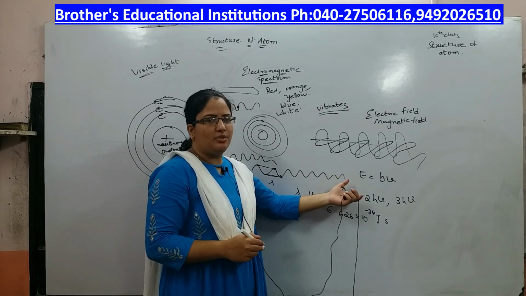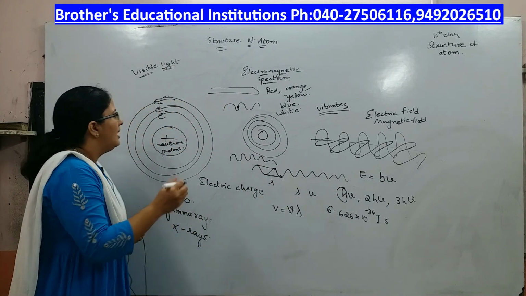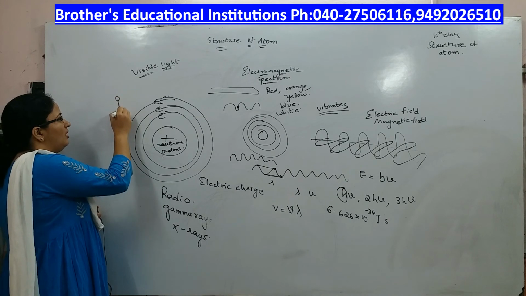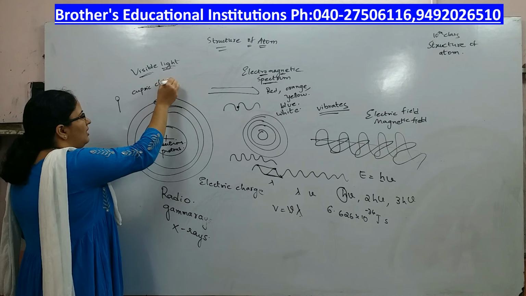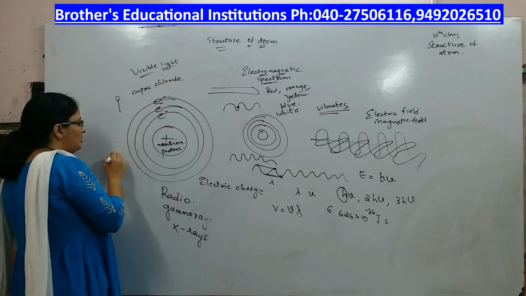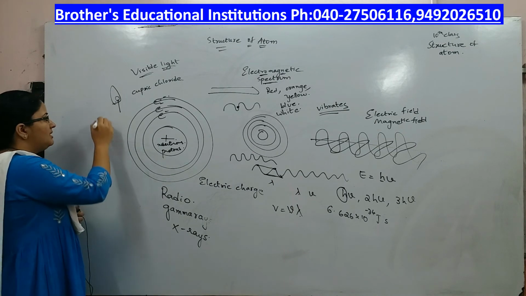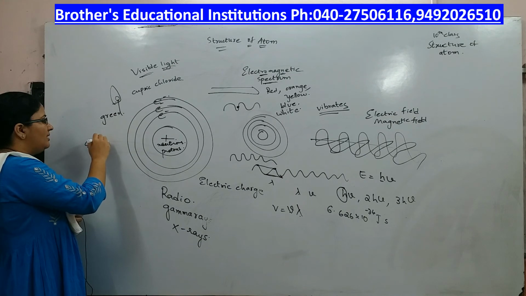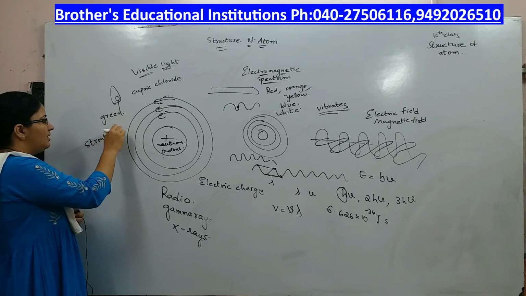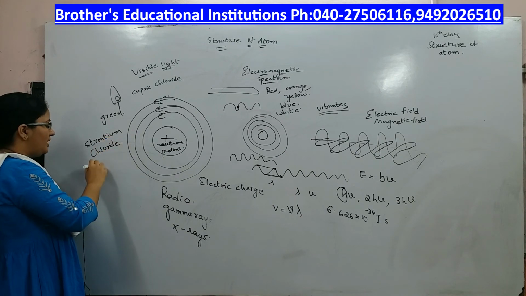Now I want you to take a platinum loop with cupric chloride and introduce it into a non-luminous flame. You will see that the flame appears green. Similarly, you take strontium chloride on the loop, and it appears crimson red.